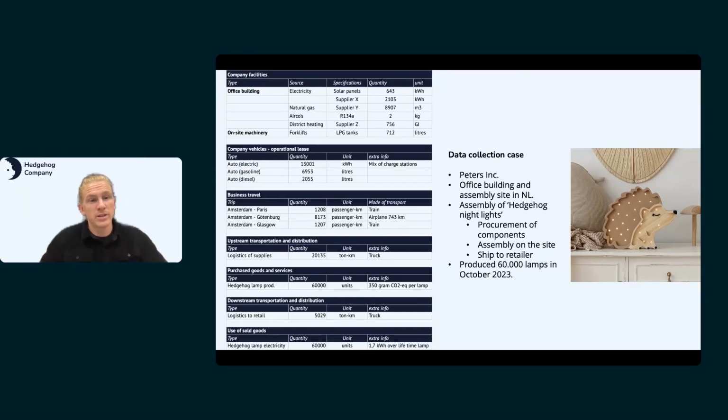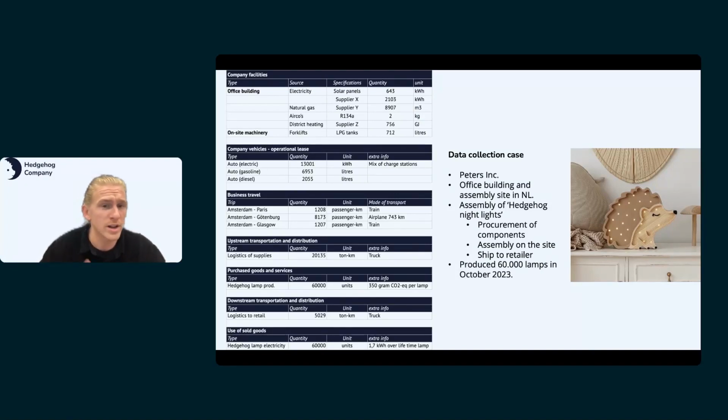Then, a small note, we are going to the Pro version, to the Scope 3 emissions that are not included in the free version. We have the logistics of supplies for our Hedgehog lamp production. We have the production, or the purchased goods and services themselves.